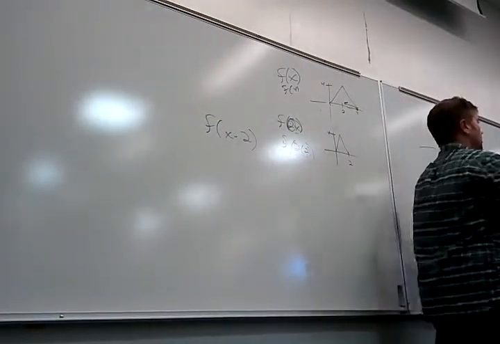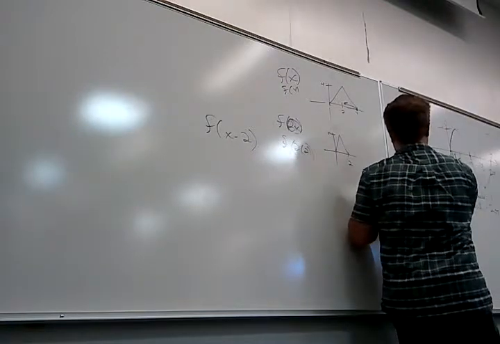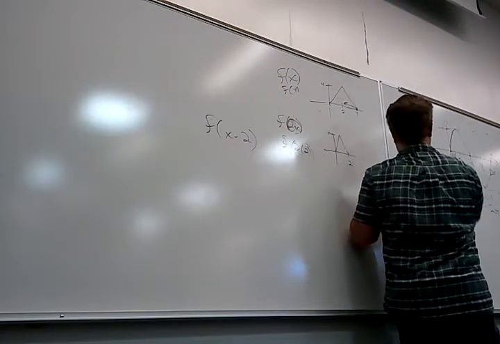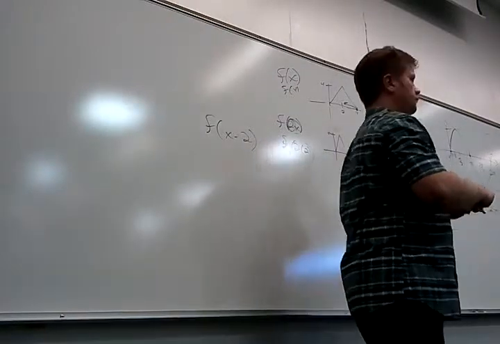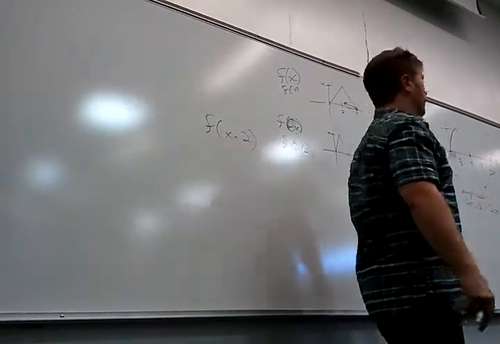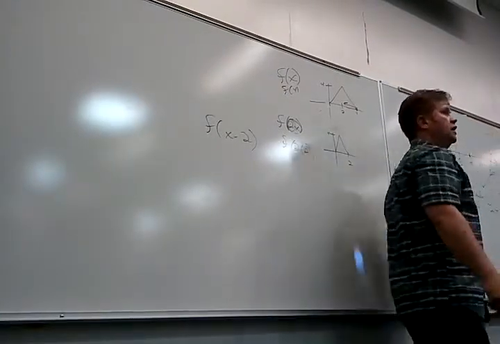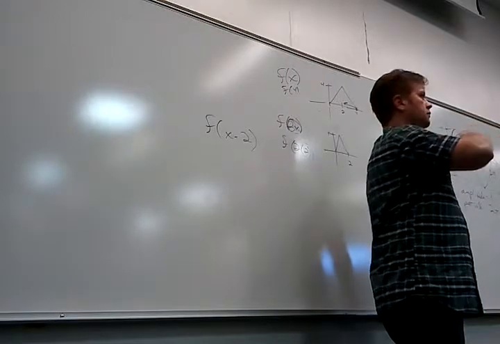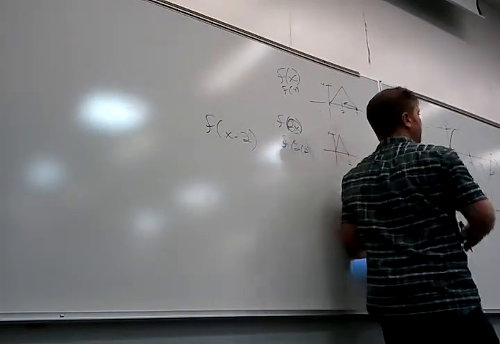What would happen to this picture if I had sine of 2x? So it normally takes 2 pi. Now it should take how long to get through one period? Pi. So here's a shortcut to figure out the period.